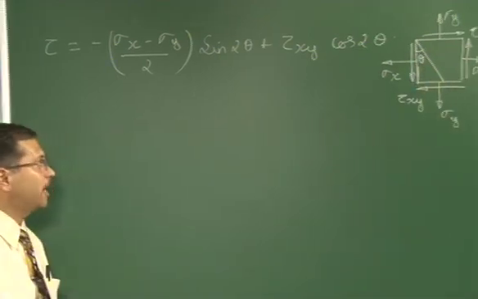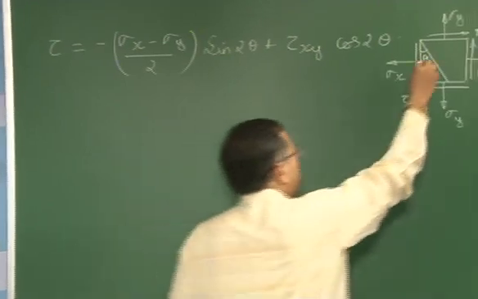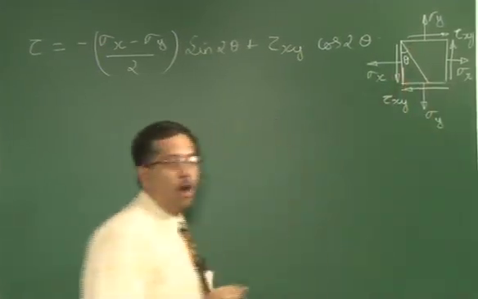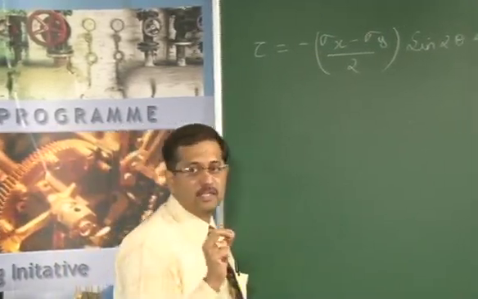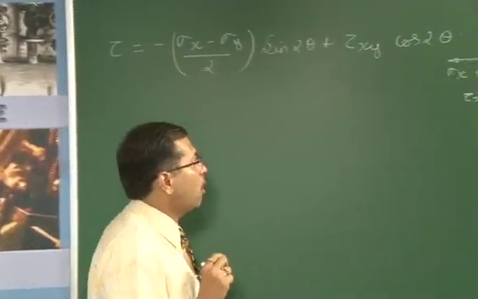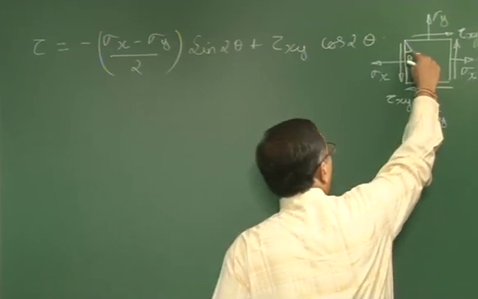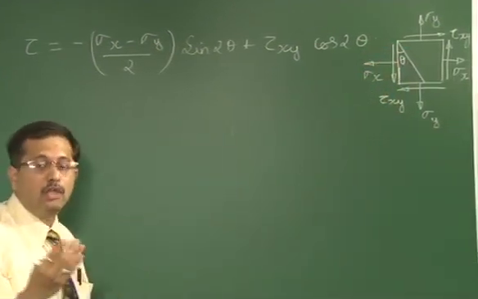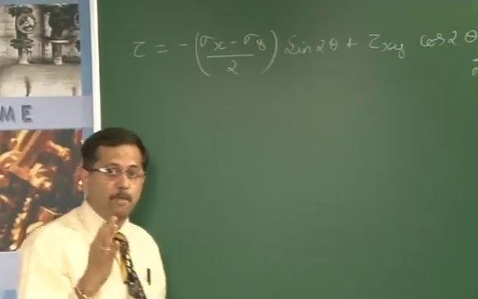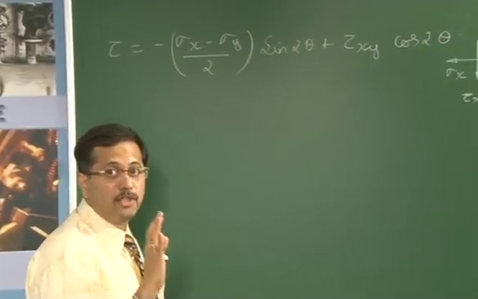Now as I explained, the plane on which the maximum stress occurs carries the principal stress. Now how do we get that? As I told you, if the shearing stress acting on any plane is equal to 0, the normal stress acting on that plane is called the principal stress.